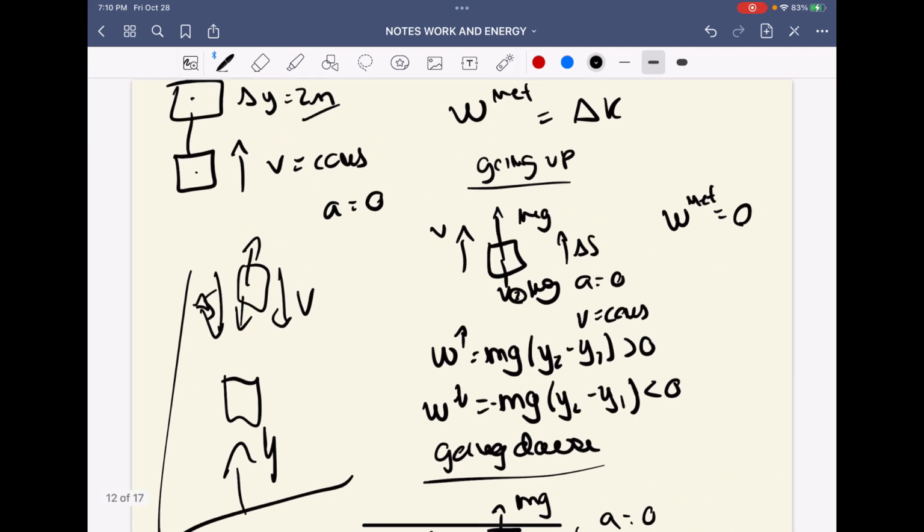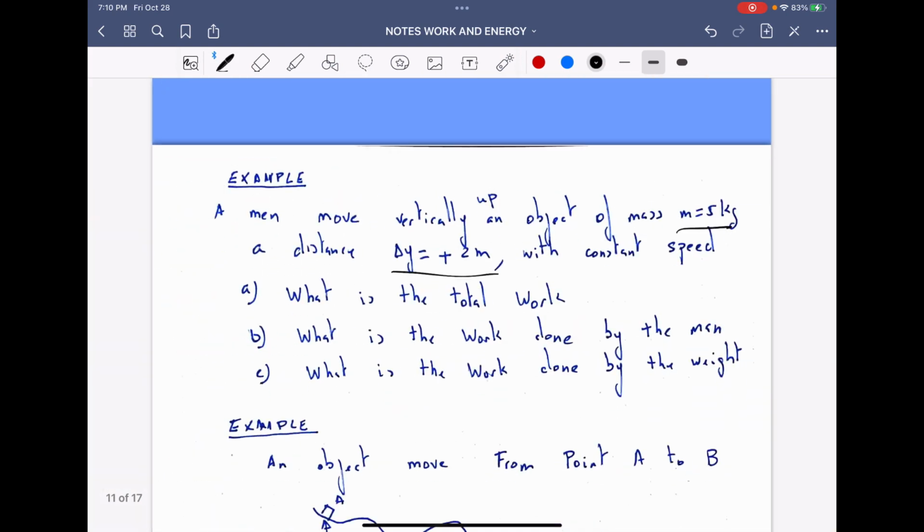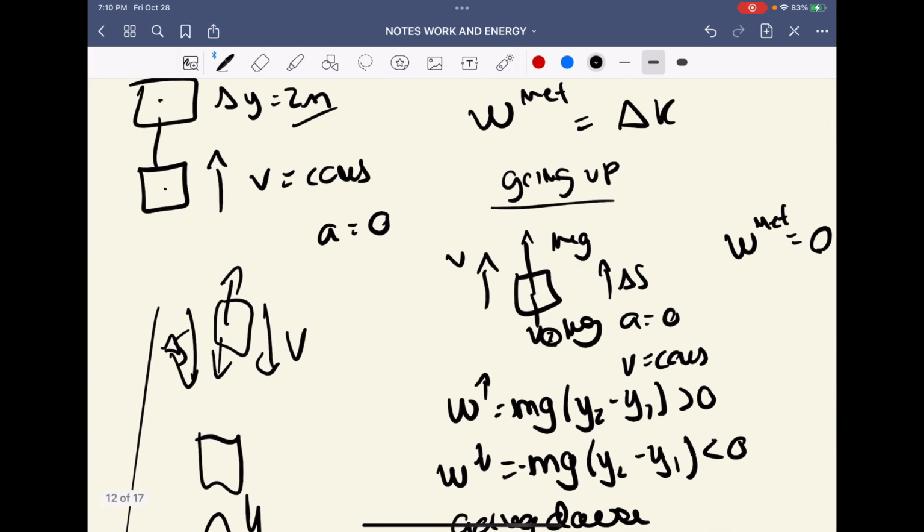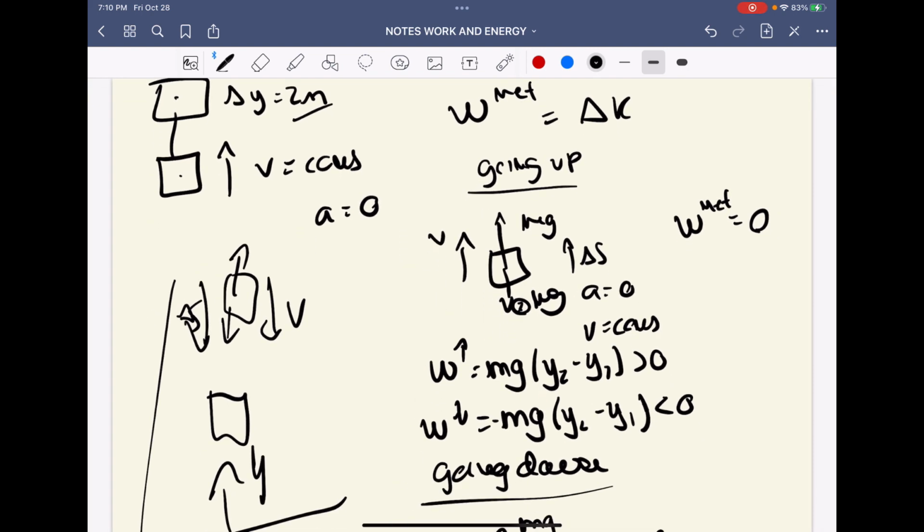And it says that the mass is equal to 5 kg. So the W net should be equal to the change in the kinetic energy. Let me do it by going up, then we see that the velocity is going to be in this direction.